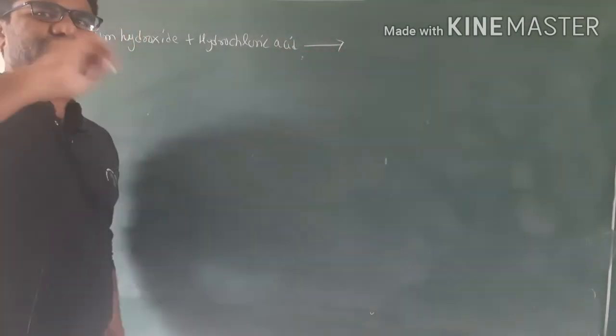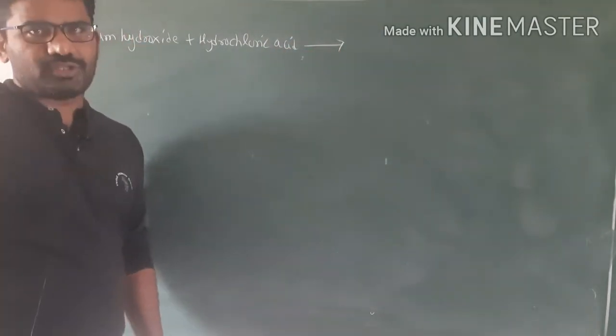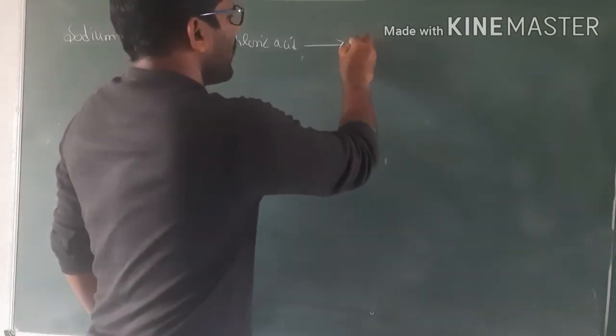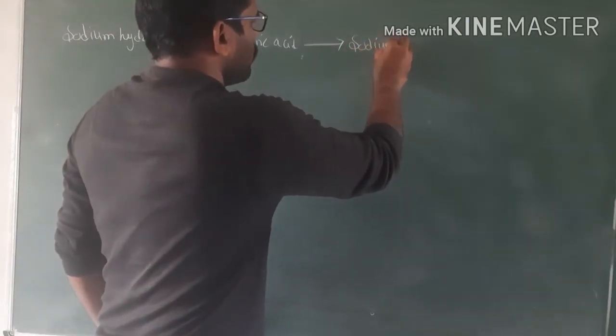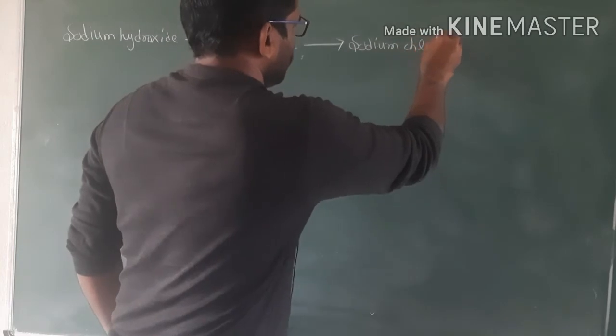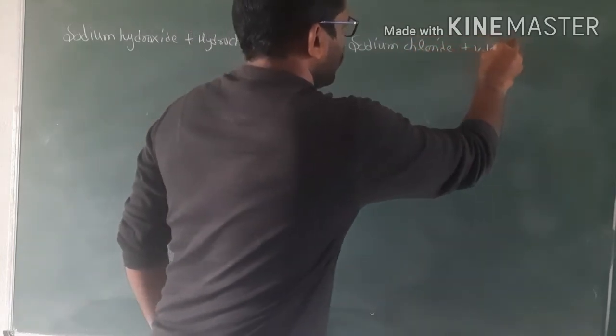When they react together, they form sodium chloride and water. The formula of sodium hydroxide is NaOH, hydrochloric acid is HCl, sodium chloride is NaCl, and water is H2O. NaOH plus HCl gives NaCl plus H2O.